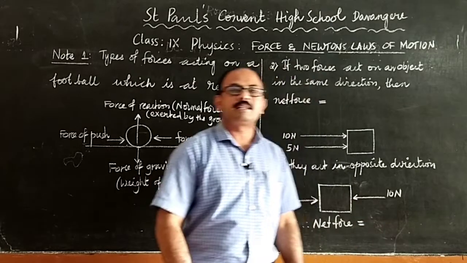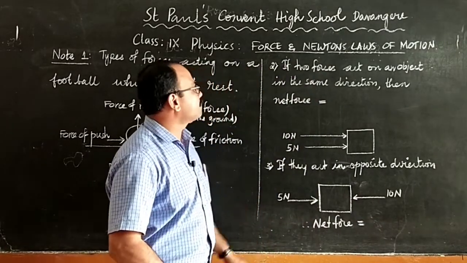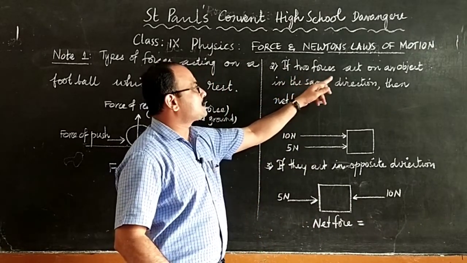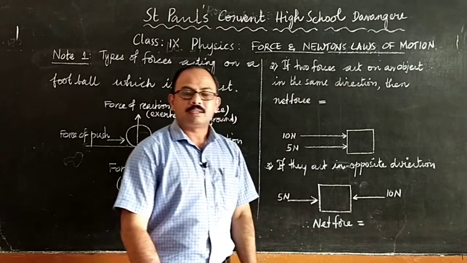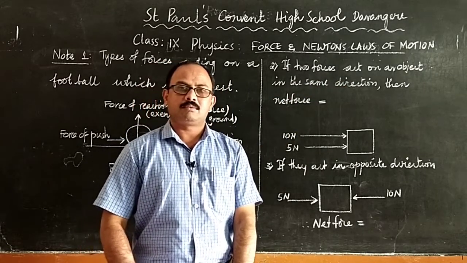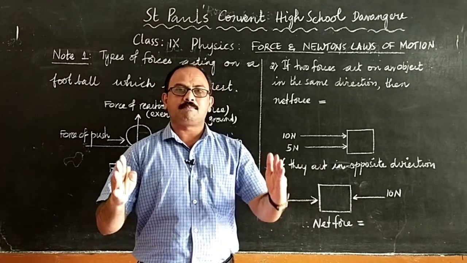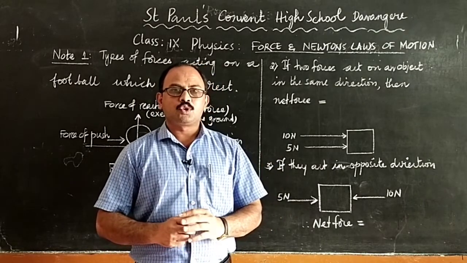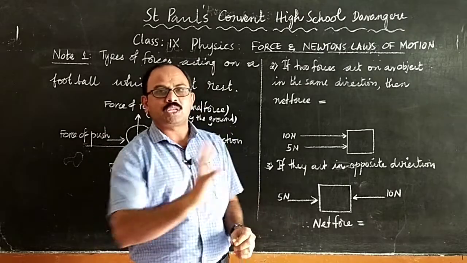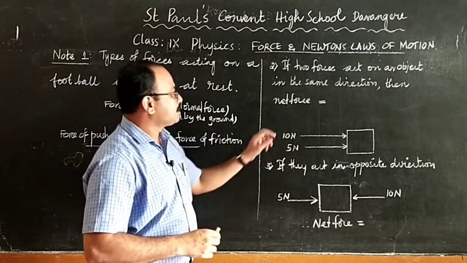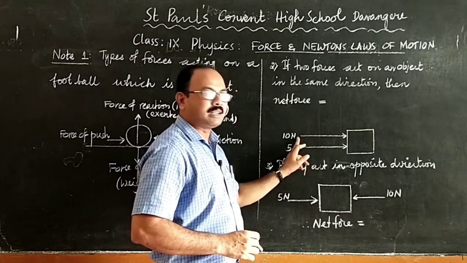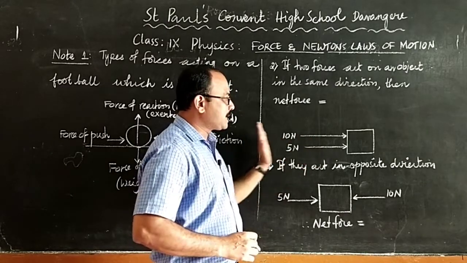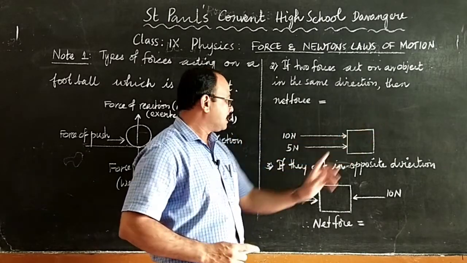Children, let me consider another illustration here. If two forces act on an object in the same direction, then what is the net force? Imagine there is a box. Two children start pushing in the same direction. Person A, person B. These two students are pushing it in the same direction.